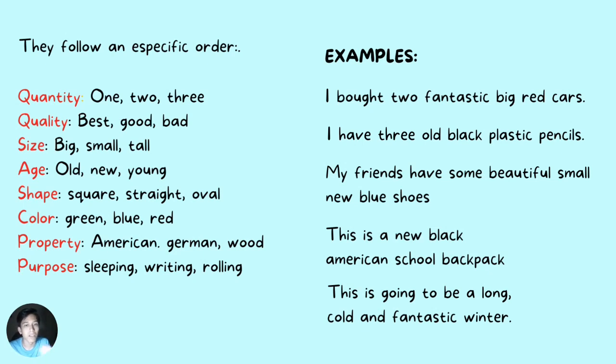This is going to be a long, cold, and fantastic winter is expressing the quality of a noun. In the other ones, we are using different adjectives. So that is why we don't use a comma.